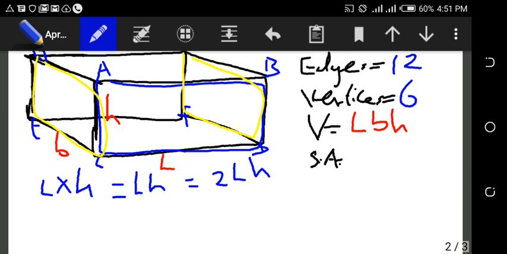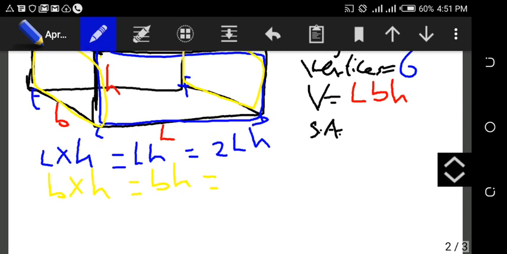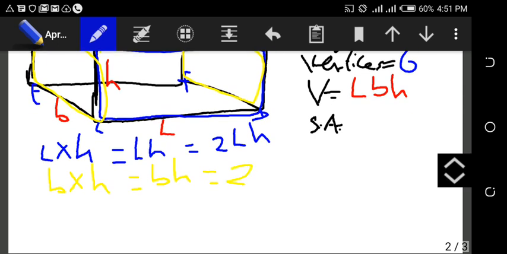The length for this, we can use B, and then the height of it is H. So the area will be B times H. That will give us BH, and because there are two of them, that will give us 2BH. I hope this is visible enough.